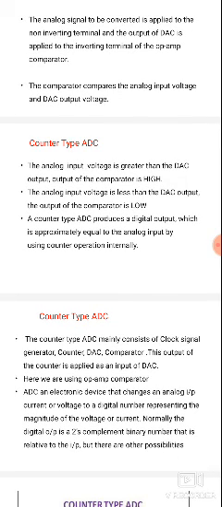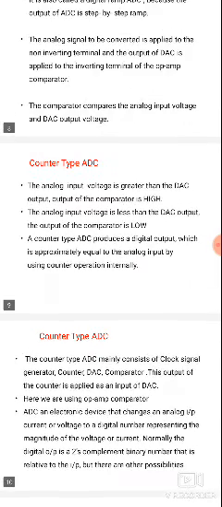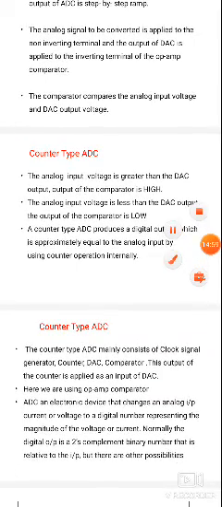The inverting input is connected to the output of the digital to analog converter and the non-inverting input is connected to the analog input. Here the op-amp works as a comparator.